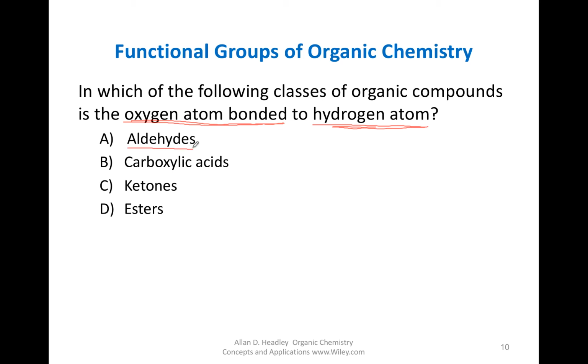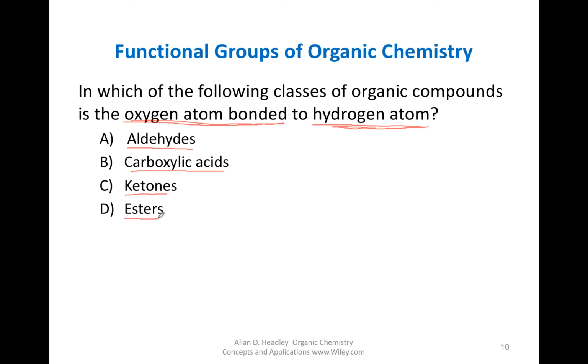Is it an aldehyde? You may remember that the aldehyde has a hydrogen, but it's bonded to that carbonyl carbon. Is it a carboxylic acid? Could be, because we have here an R and a carbon-oxygen double bond and an OH. So there's the OH. Is it a ketone? Ketone contains a carbon-oxygen double bond, but that carbon of the double bond is bonded to two alkyl groups, not a hydrogen.